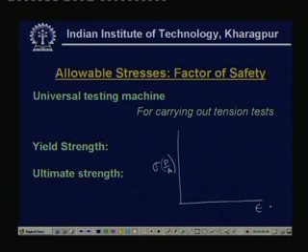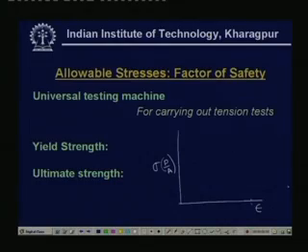Here, as you know, this stress is an engineering stress, because we do not take into account the continuous reduction in area which takes place while a simple tension test is being held. Now, if we plot the sets of data for the strain and corresponding stresses, then we get a curve something like this.